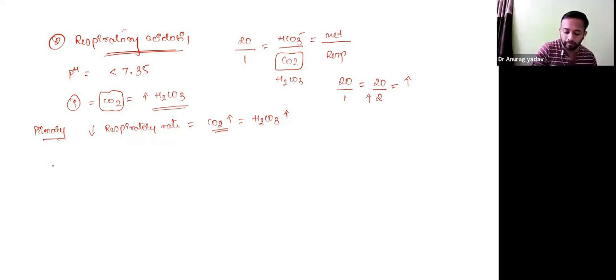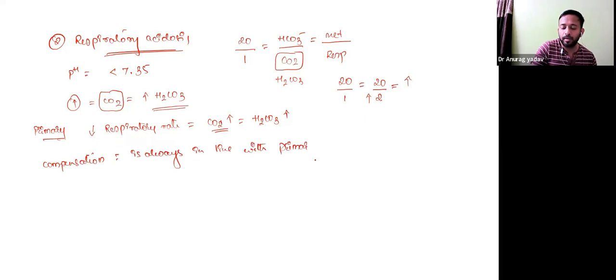Please remember, compensation is always in line with the primary defect. I told you, for example, if there is increase in bicarbonate, then as a compensation there is increase in carbon dioxide.